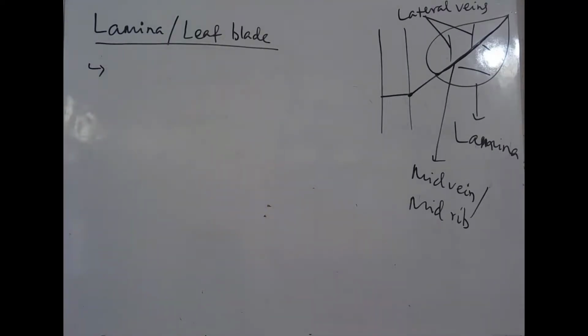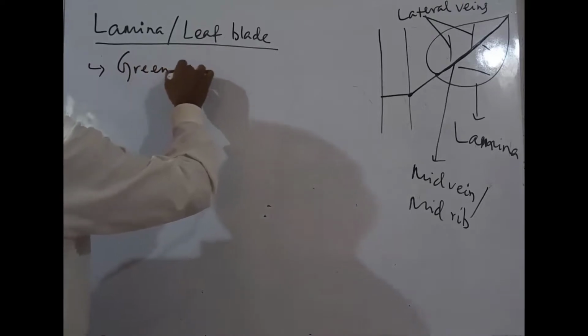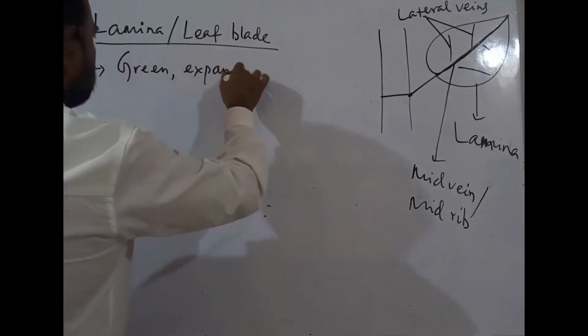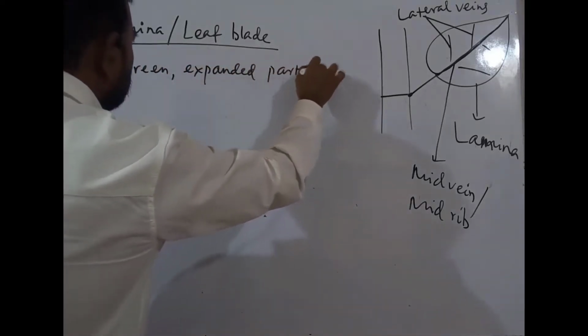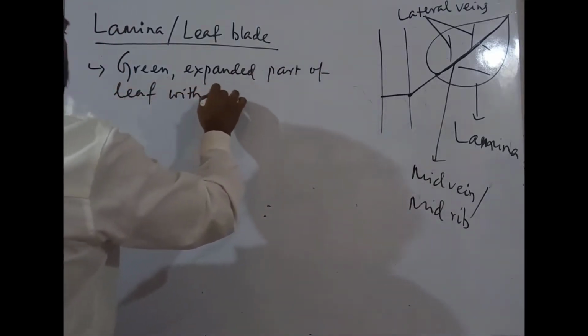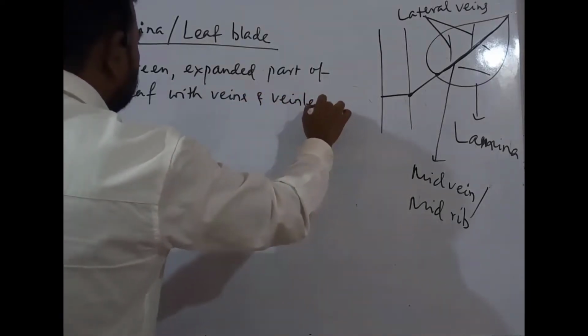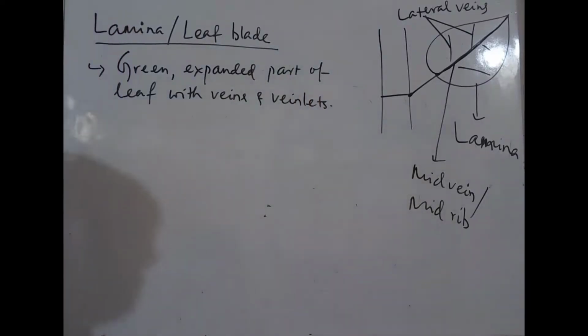It is green expanded part of leaf with veins and veinlets. Very fine veins are known as veinlets.